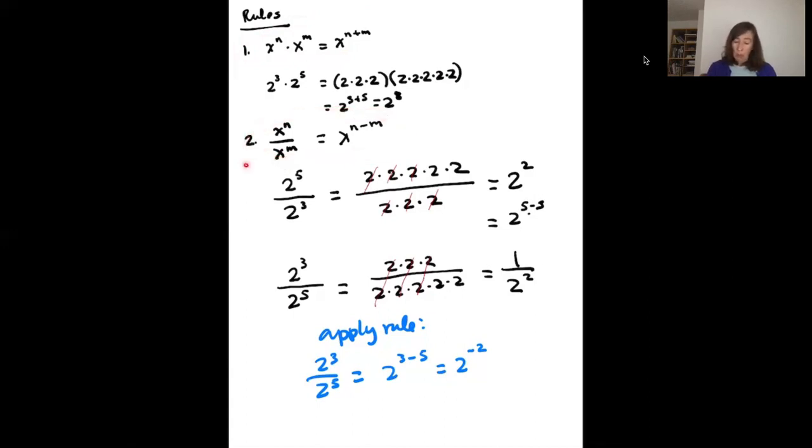And the rule for dividing works whether you have more factors in the numerator or more factors in the denominator. But if you end up with more factors in the denominator, if you've taken away more powers of 2 than you started with in the numerator, you end up with a negative exponent. And that actually gets us to our next rule, which basically just says that's what we mean by negative exponents.